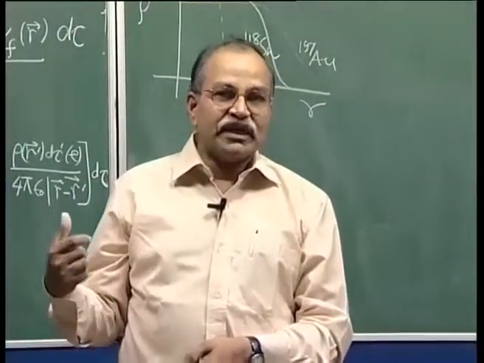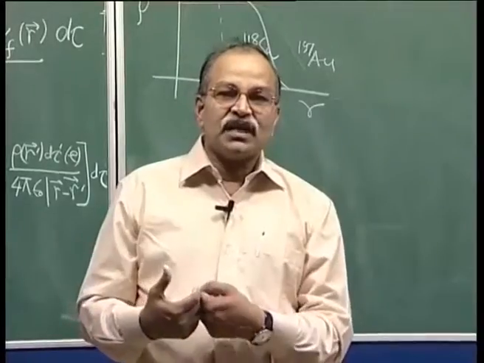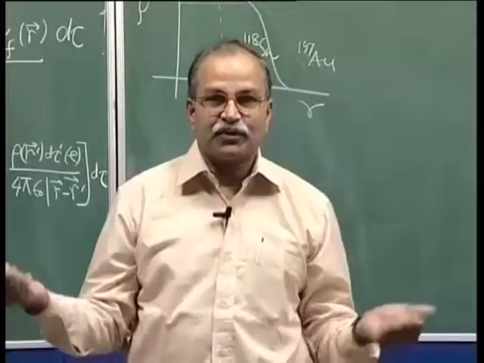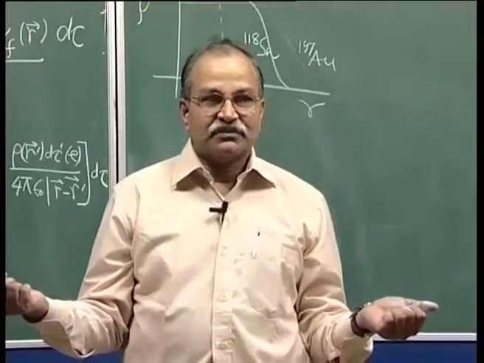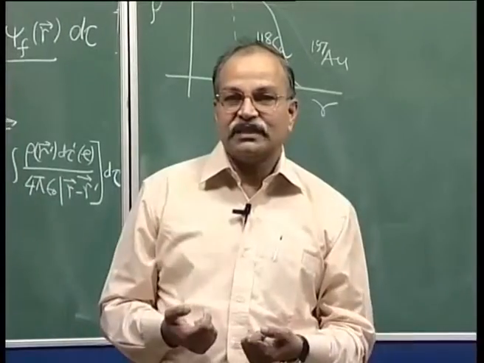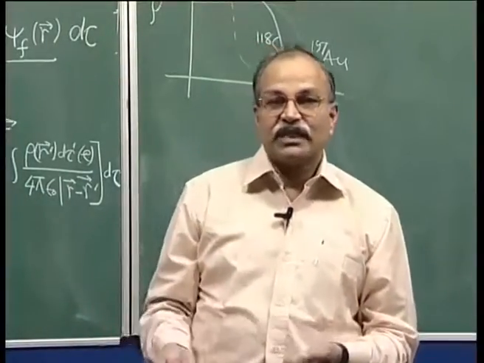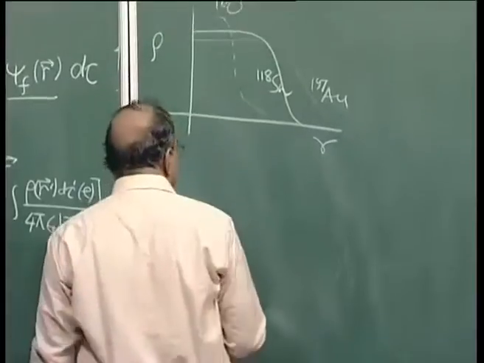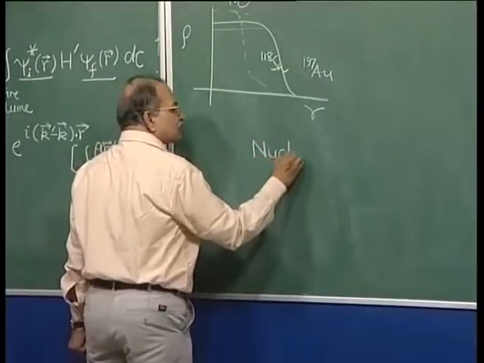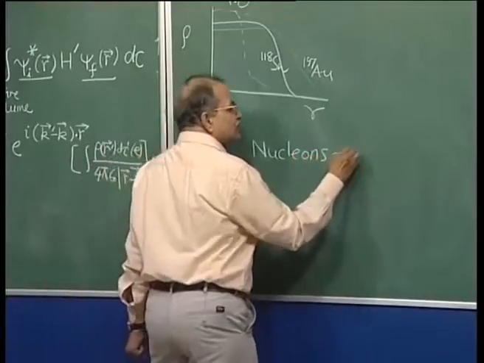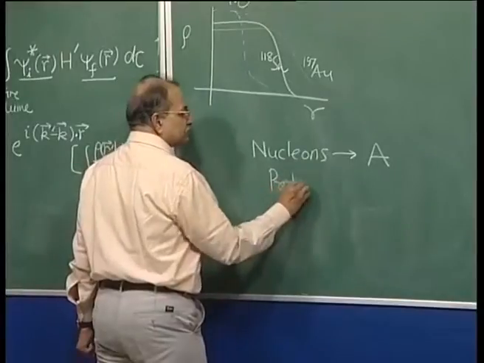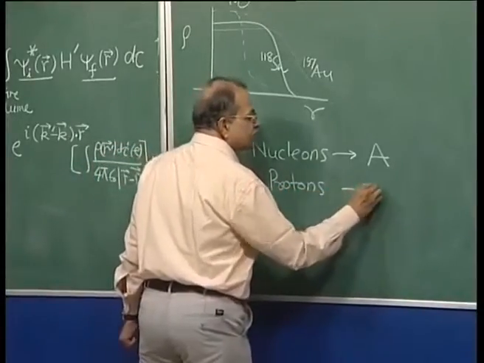So, make an assumption that neutrons are also similarly distributed as protons, but you have in general more number of neutrons than protons in a heavy nucleus, at least, or middleweight nucleus. So, the total number, if I talk of nucleons, the total number is A. If I talk of protons, the total number is Z.